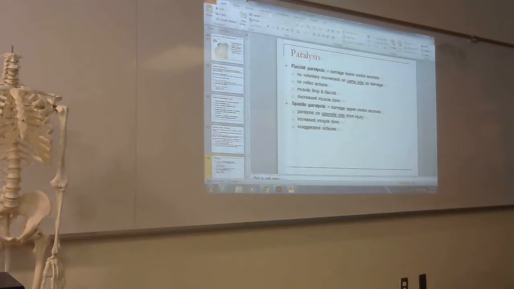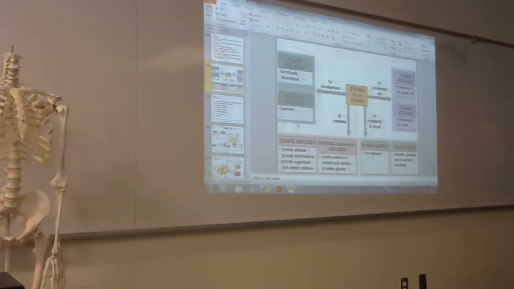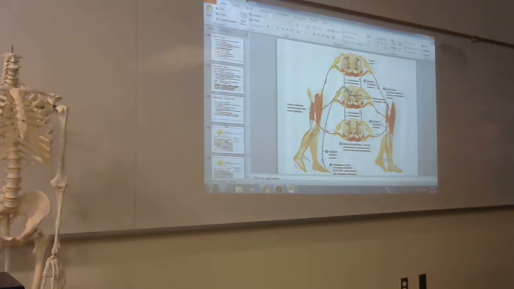So this is your stiff, okay? Upper motor neuron versus lower motor neuron damage. Then reflexes. You remember your reflexes for your lab exam. Your intersegmental polysynaptic reflex, somatic reflex, cranial reflex, visceral reflex.